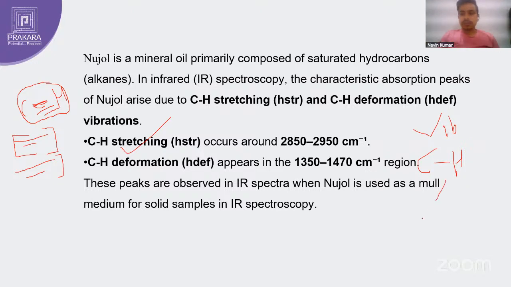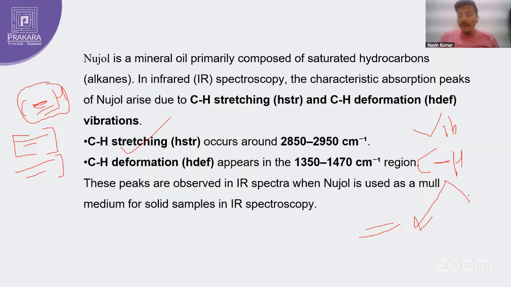The first is that their bond length can shrink or elongate. The bond will either shrink or enlarge. It will be like the stretching of any string.